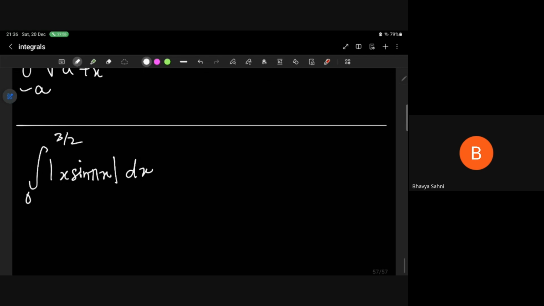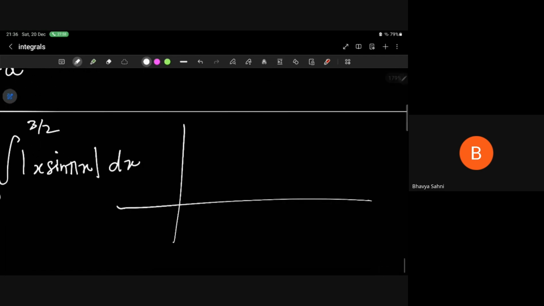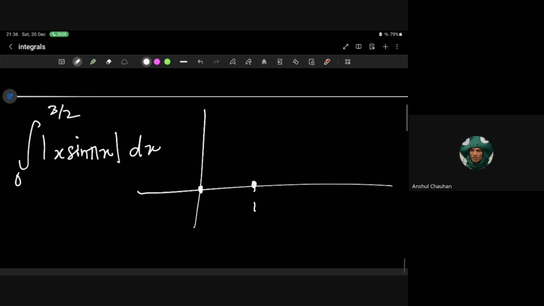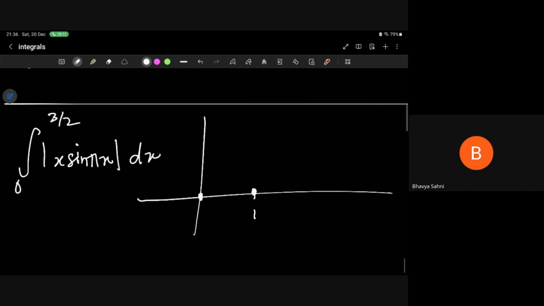Okay, so for the mod: at 0 the value is 0. At 1 the value is 0. At 1.5, which is 3 by 2, the value will be 3 by 2 sine 3 by 2 pi.